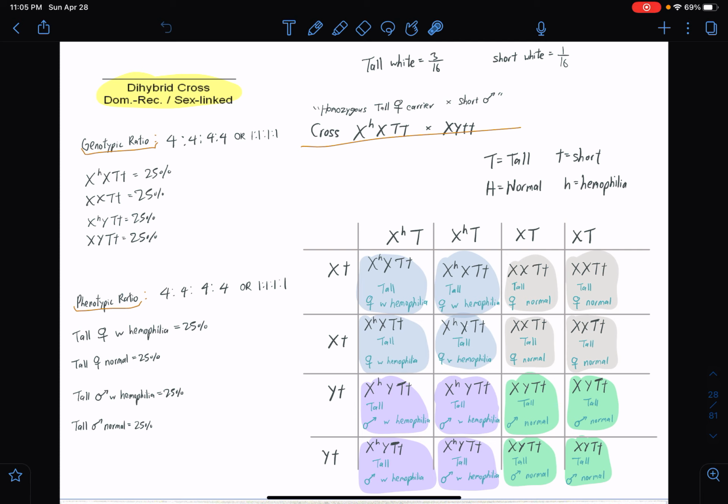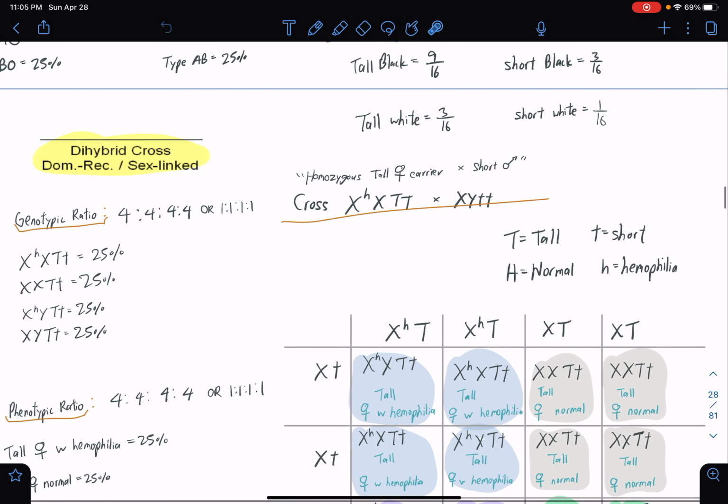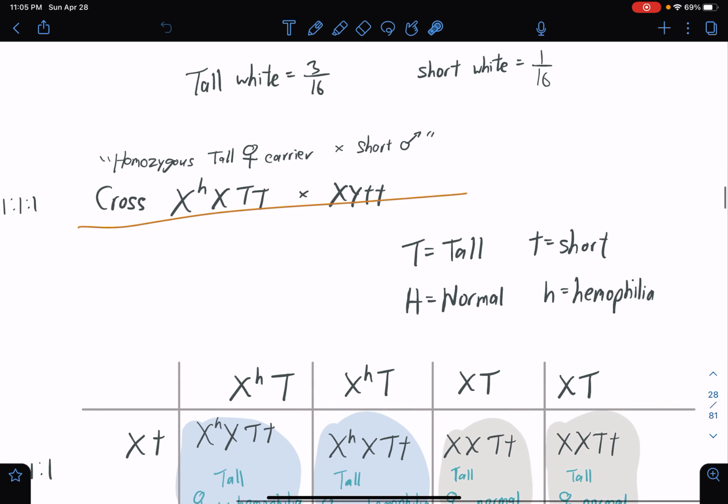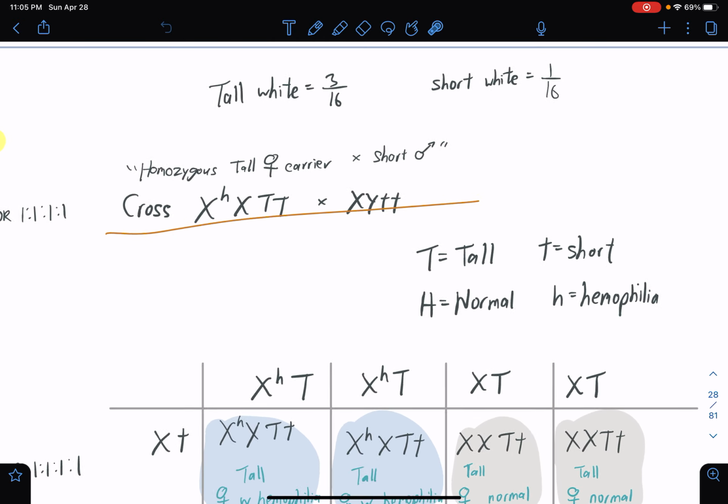You are given an instruction to cross a female. Let's define first the two main traits that we'll be having: height, and whether or not the individual has hemophilia. Hemophilia, I believe, is an X-linked recessive inherited trait.